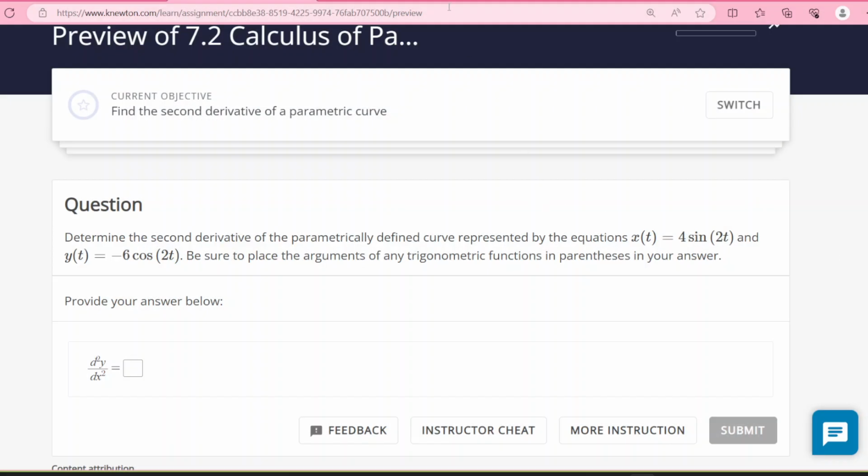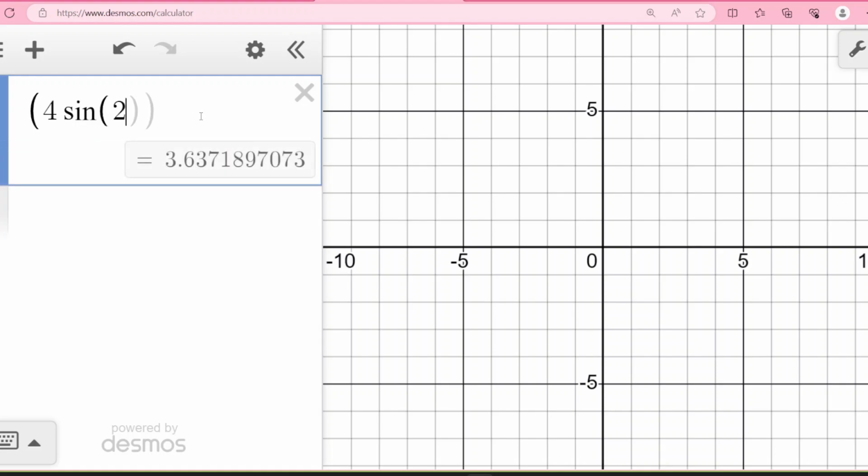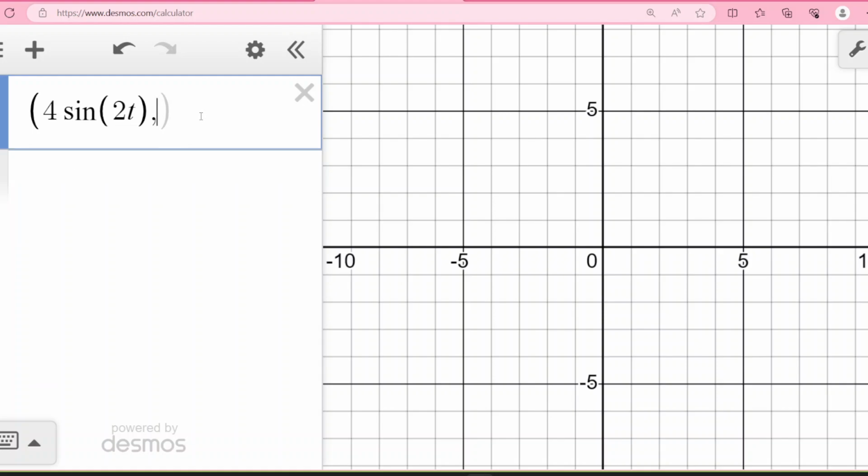Let's look at some graphs here. I did this in the section 7.1 video, to graph equations in parametric form, parametric curves. You have to enter them like ordered pairs. So parentheses, and then how does x depend on t? It's 4 times the sine of 2t. And again, make sure you're in radian mode here.